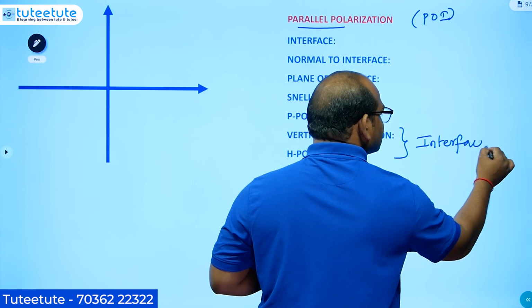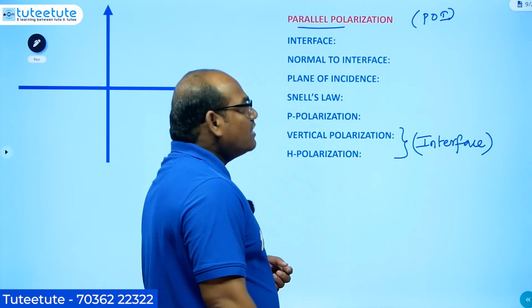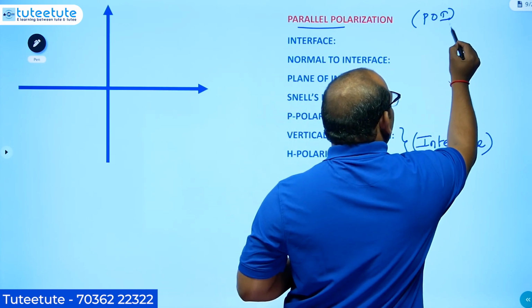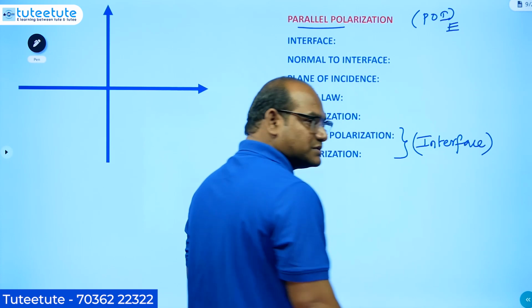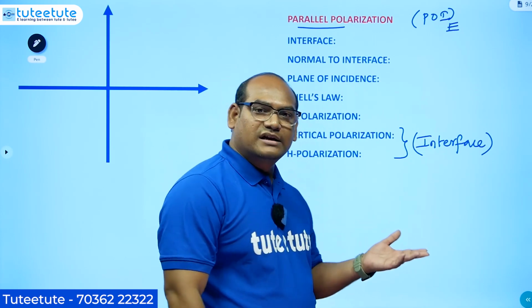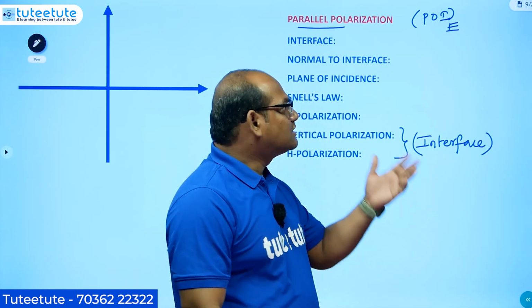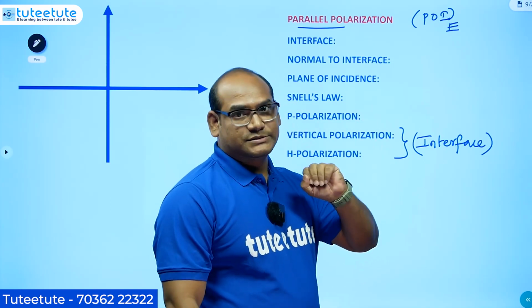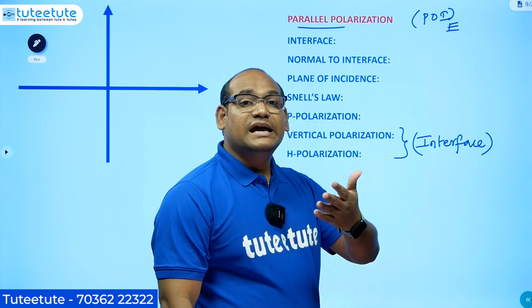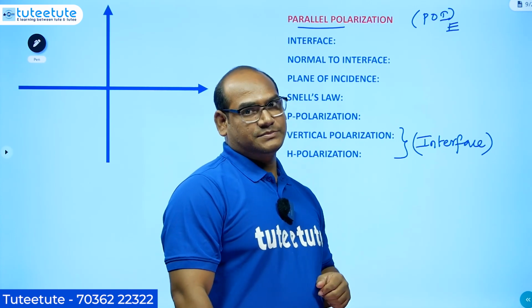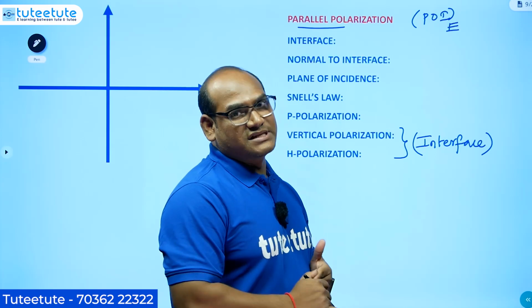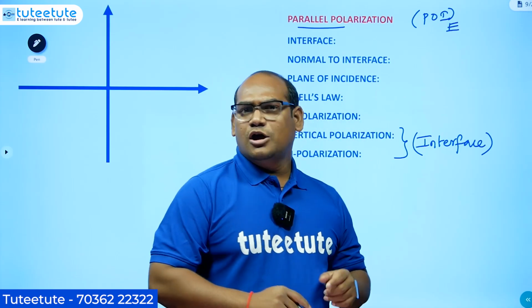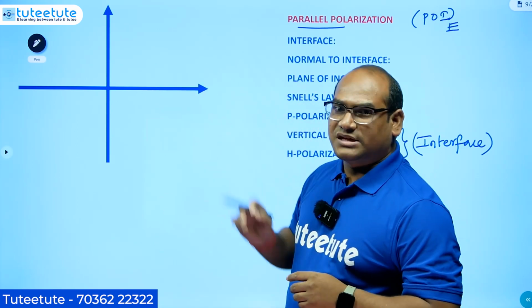Here also, same thing. First we define parallel polarization: whether it is the incident, reflected or transmitted electric field, one component of the electric field is in the plane of incidence, or parallel to the plane of incidence. That is why it is called parallel polarization. Accordingly we will give the structure here.